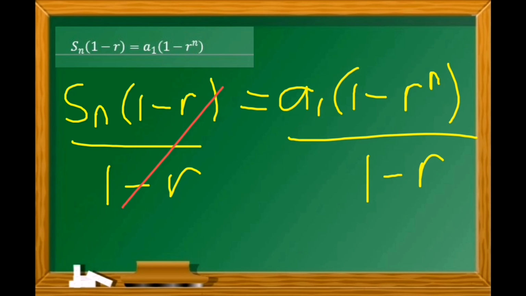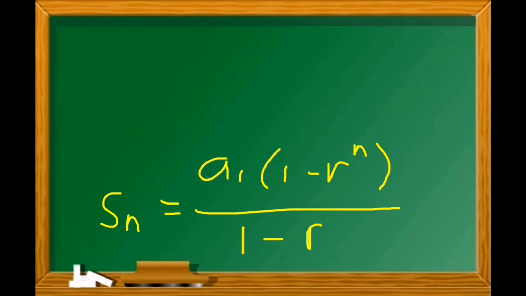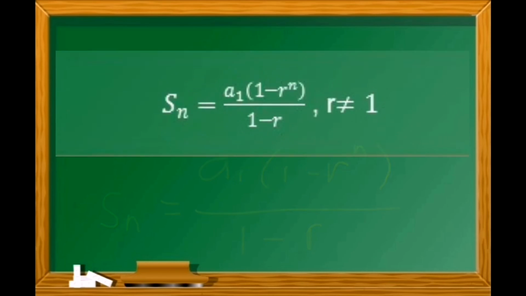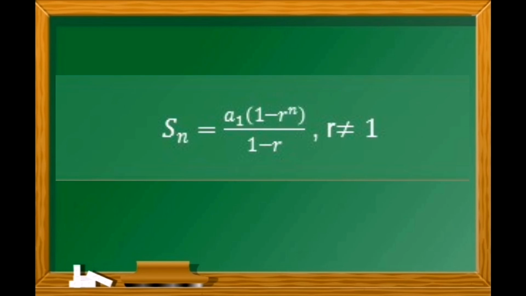Cancel. Tada! We get the formula! S sub n is equal to the product of a sub 1 and quantity 1 minus r to the n, divided by 1 minus r, where r is not equal to 1.